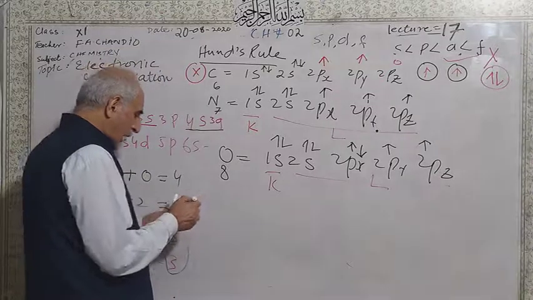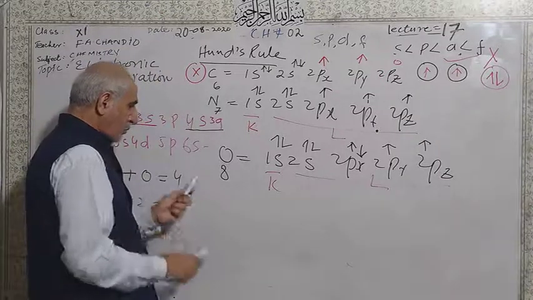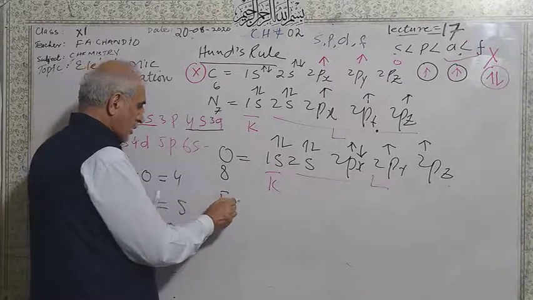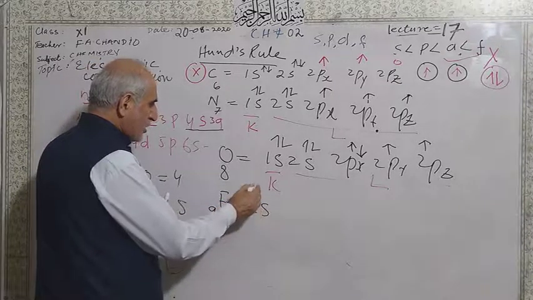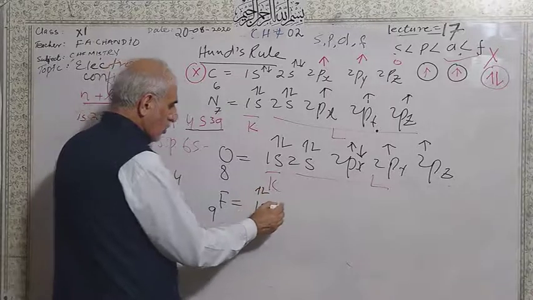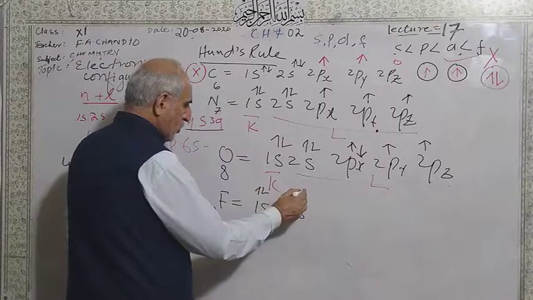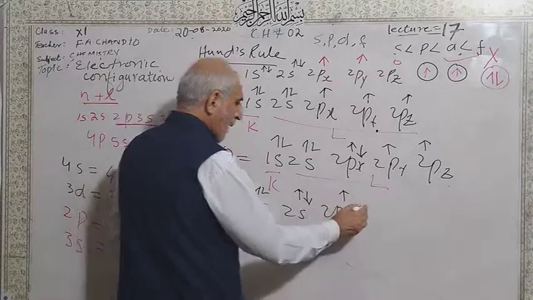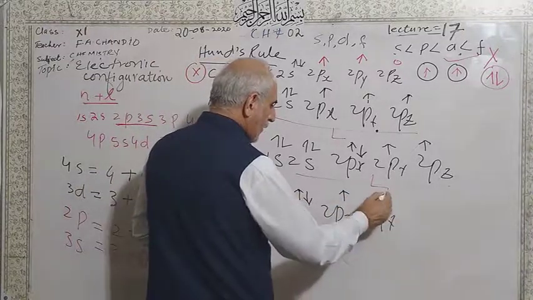And if I am going to write fluorine, atomic number 9. So 1s2, 2s2, 2px1, 2py1.